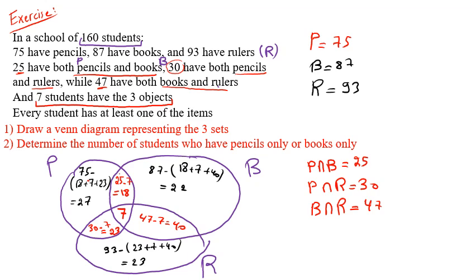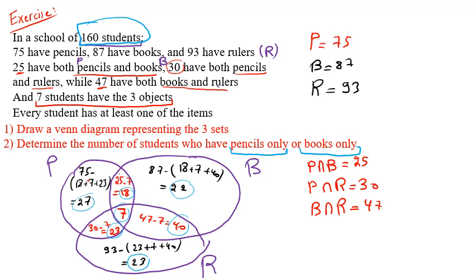And also, to make sure of the answers, if we add all of the numbers, 27, 18, 7, 23, 22, 40, and 23, the answer will be 160 students, since the total is 160. Part 2, he asks us to determine the number of students who have pencils only or books only.